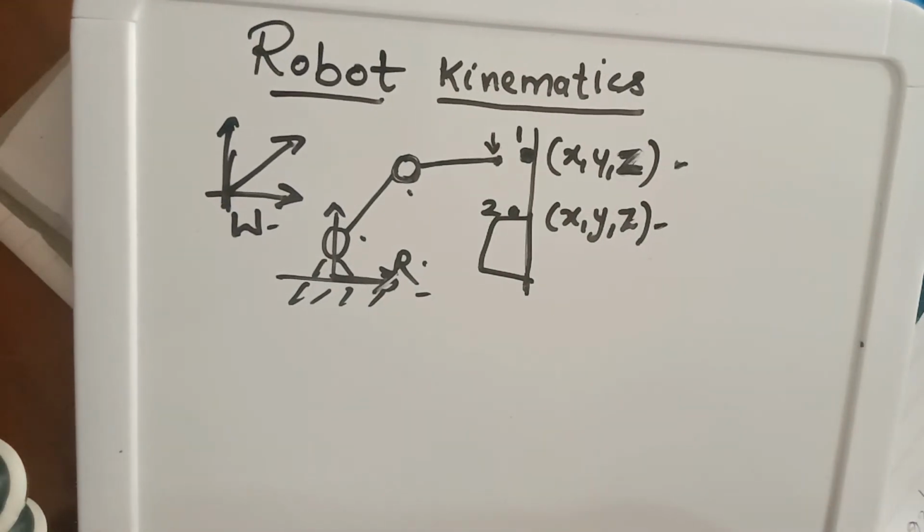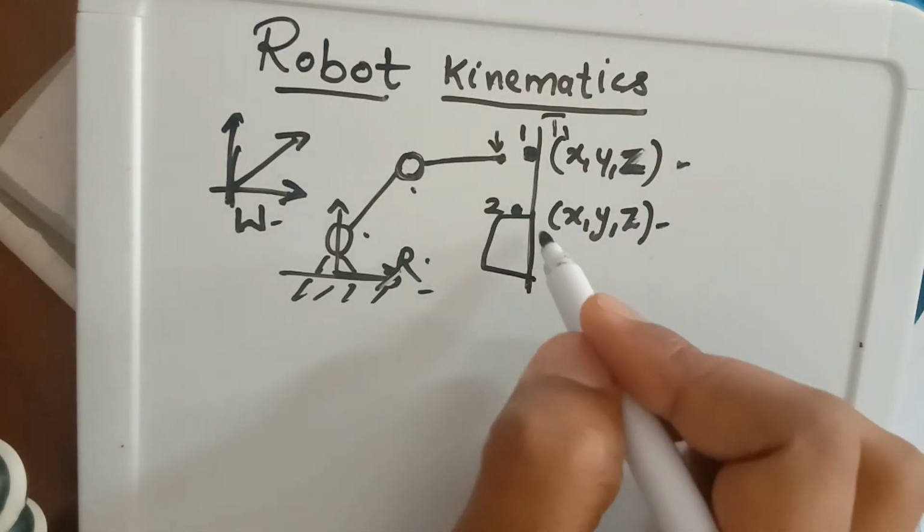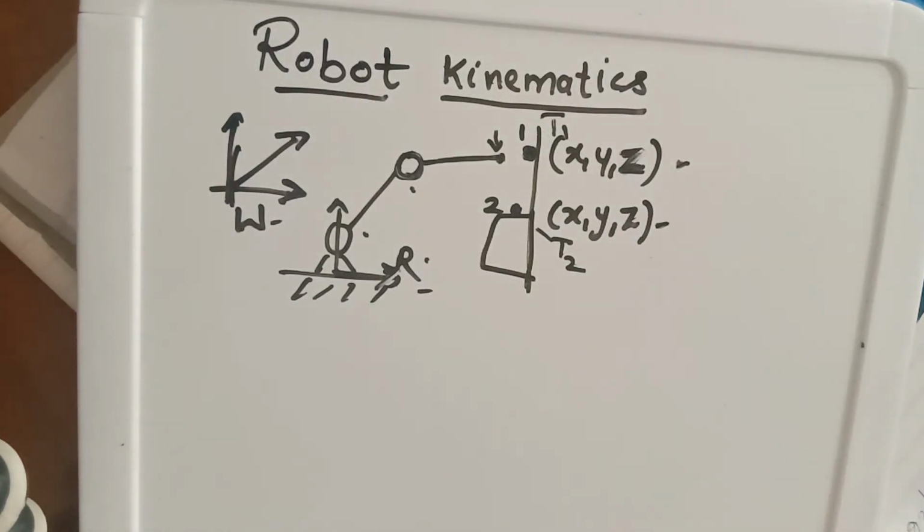And further, if there are some time limitations, so at time t1 it has to reach point 1, and at time t2 it has to reach point 2. So all of this can be achieved by using kinematics.